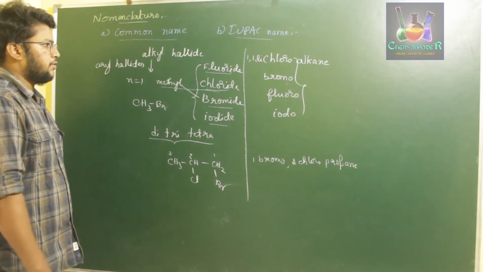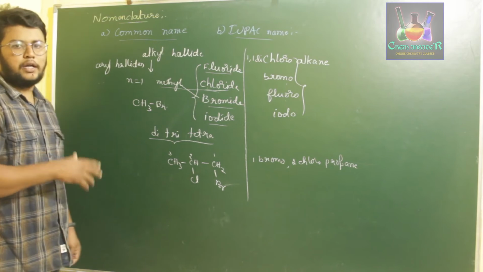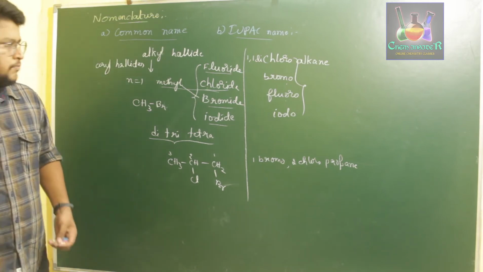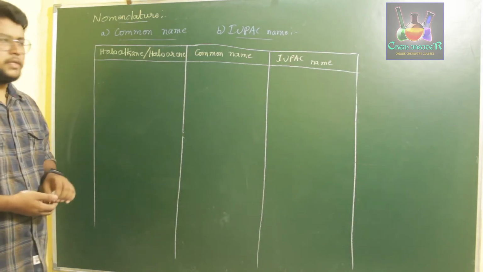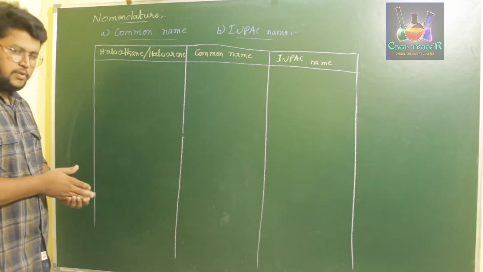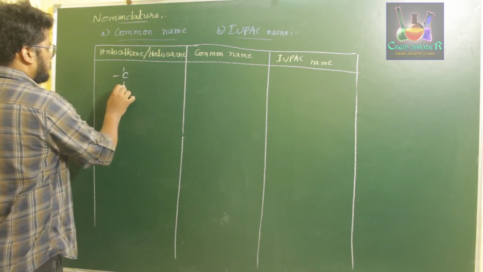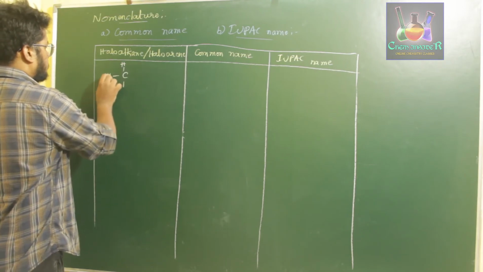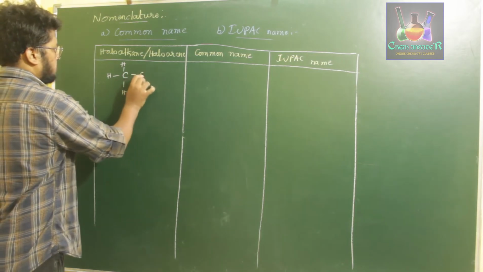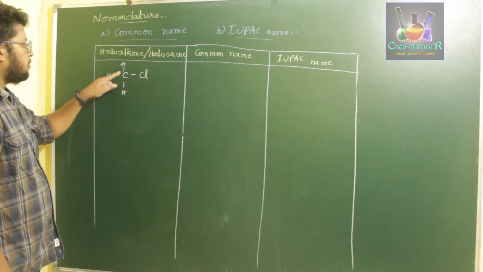Now we are going to solve some examples and name their common and IUPAC nomenclature. We'll start with the basic one. So this is our first one. Here we have carbon with 3 hydrogens.